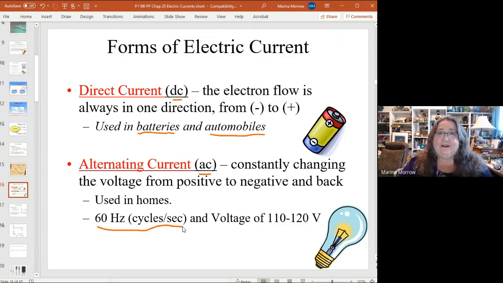The electrons are changing direction 60 times per second. The voltage in a household is usually listed as 120 for us science folks. Electricians sometimes say 110. There are various historical and mechanical reasons for that. But for most homework problems that involve household current, you're going to use 120.